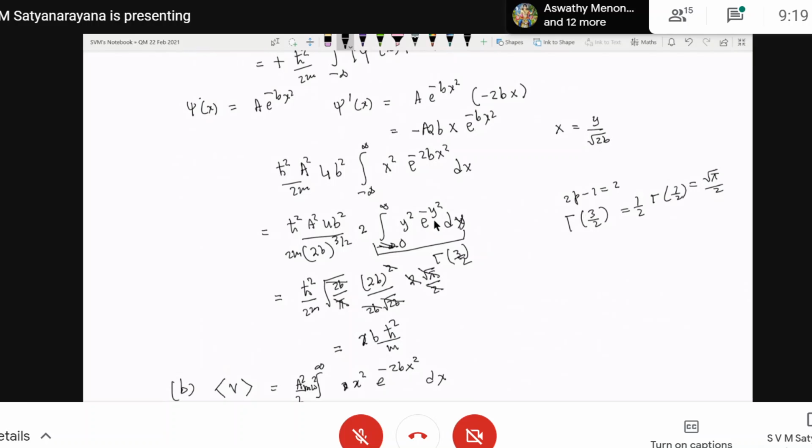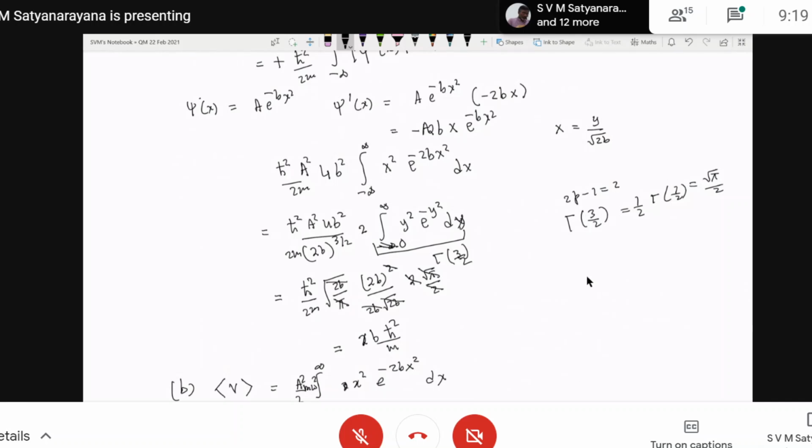So y square. Oh, I think, yeah. See, I think I made a mistake. 2 times the integral from 0 to infinity of y to the power 2p minus 1 e to the minus y square dy is equal to gamma of p.